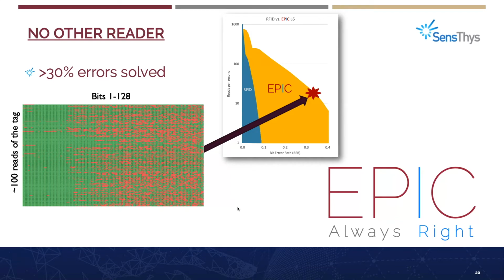We're reading right with 30% of errors time after time after time, and we're able to read those tags, recover the data accurately, and tell you that it has been accurately interpreted. So we can guarantee that data going to you is accurate. We know it's accurate. You know it's accurate. And that's all basically through the algorithms that are part of the Epic solution.